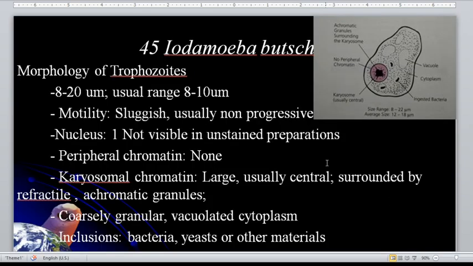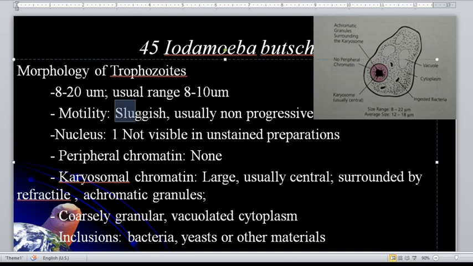Okay, Iodamoeba bütschlii. Trophozoite motility again is sluggish, mabagal, slow-moving or even inactive, usually non-progressive and non-directional. It does not move in a straight line. Nucleus, since that is trophozoite, isa lang.